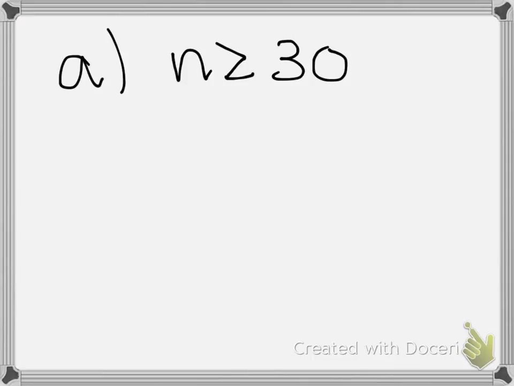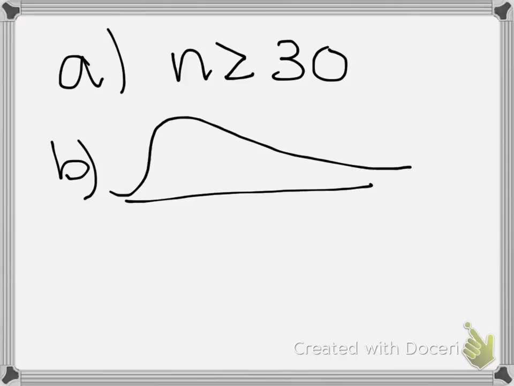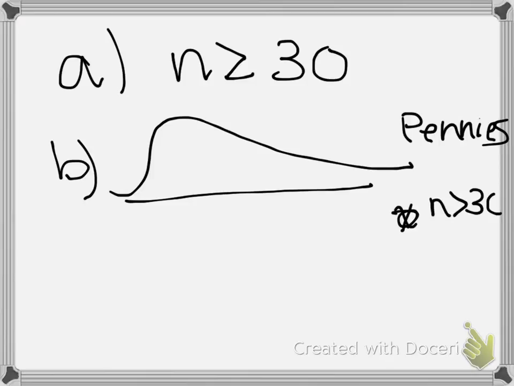Next, part B says, suppose we take an SRS of 36 songs instead. Explain how the central limit theorem allows us to find the probability that the mean playtime is more than 240 seconds. If you think about our penny distribution, the population of pennies looked like this. We then took samples of up to 30 pennies, and we plotted the sampling distribution.